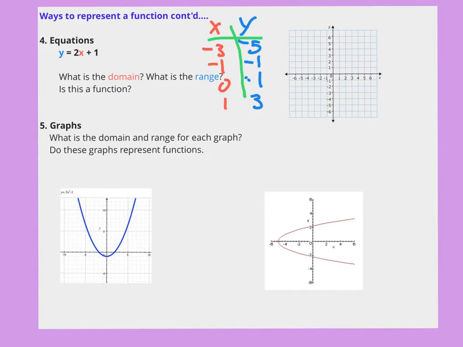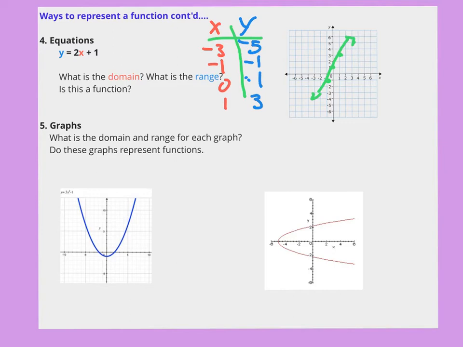I can also look at the graph. If I graph the couple of points that I have here, my graph looks something like this. My graph is going to be a line that continues on forever. So this one here is a little bit of a challenge.